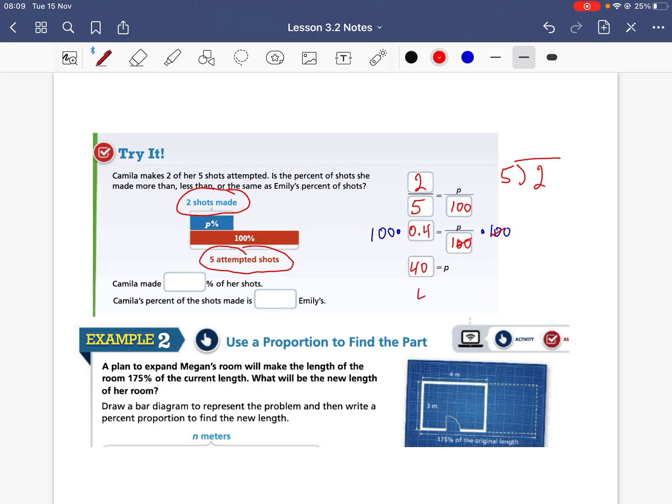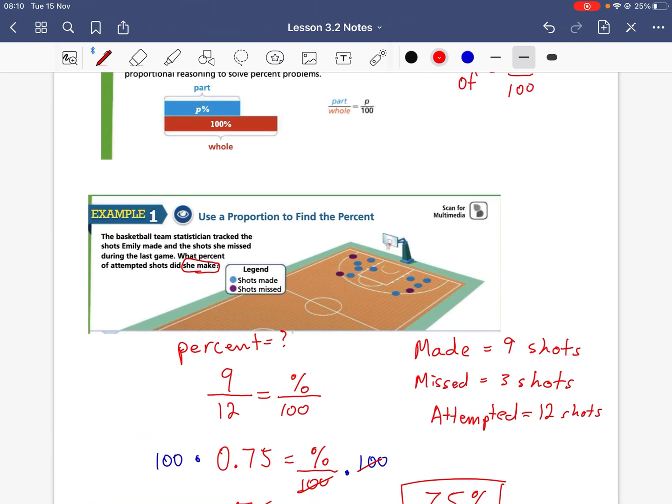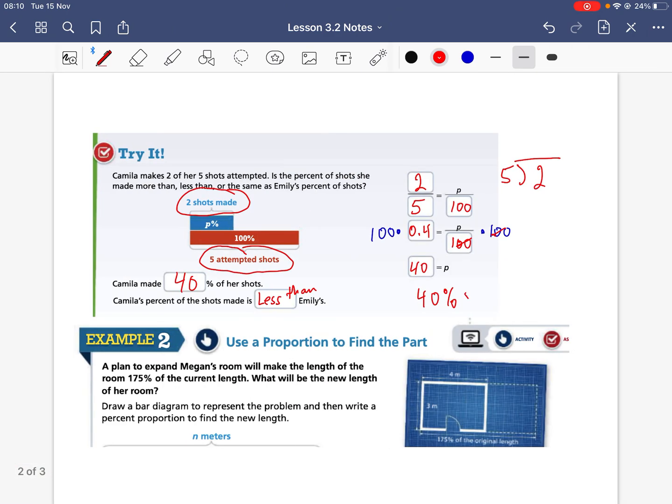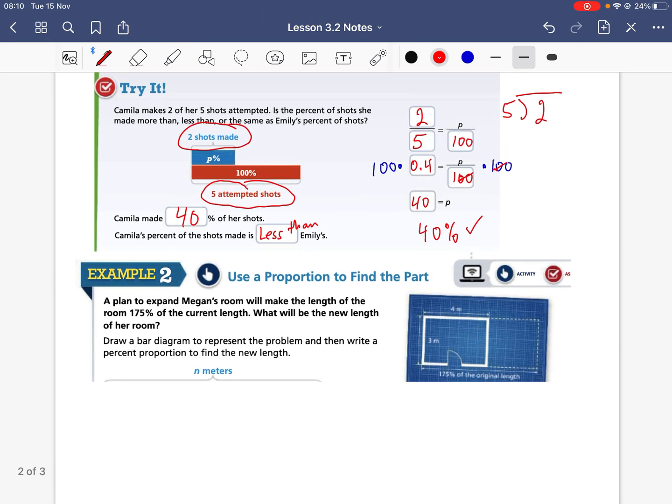So it is a total of 40%. So Camila made 40% of her shots. Camila's percent of the shots made is less than Emily's, right? Because Emily had a total of 75%. Camila only made 40%. So she made less shots, percentage-wise.